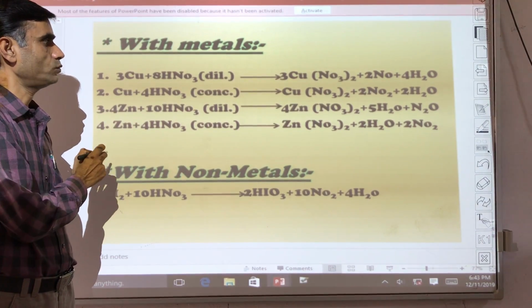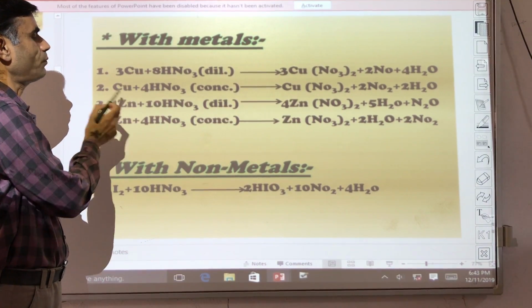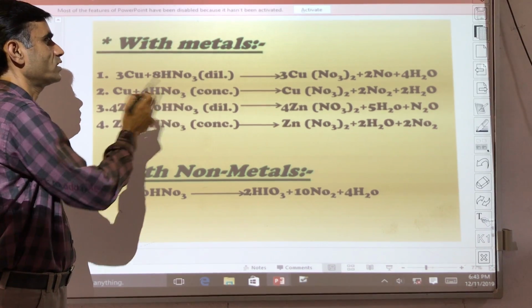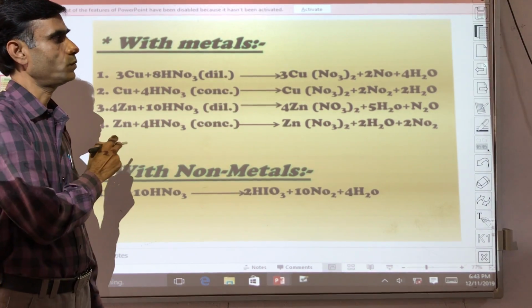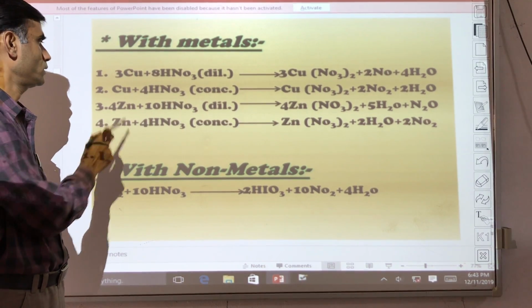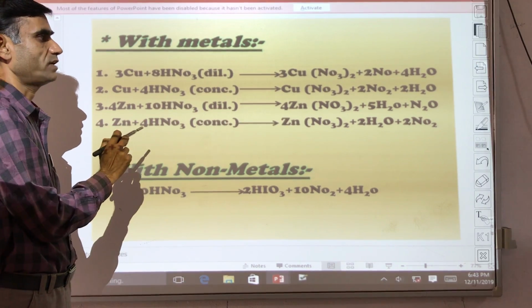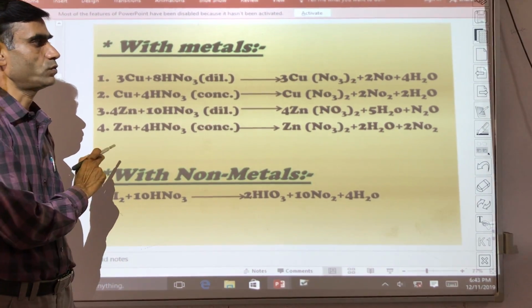How does it react with metals? When we talk about copper, copper may give you different products with different mediums, dilute HNO3 or concentrated HNO3. With dilute nitric acid, it will give you nitric oxide. With concentrated, it will give you nitrogen dioxide. Likewise, zinc also gives different products. Zinc gives nitrous oxide with dilute, and with concentrated it gives NO2.